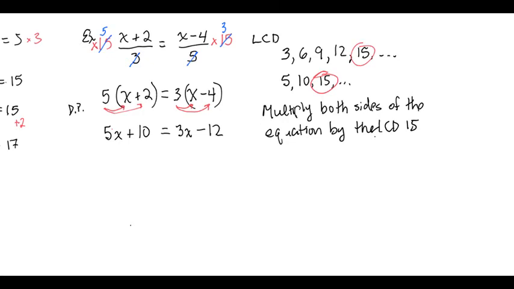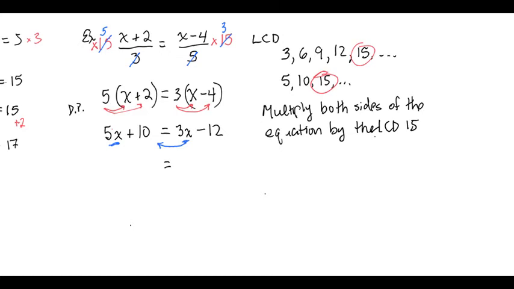Now we use the balancing technique again. We want to isolate x. So if you're following my strategy in class, I like bringing the variables to the side with the largest number or coefficient. So as you can see, 5x is larger than 3x. So what I would like to do is bring the 3x over with the 5x, right?